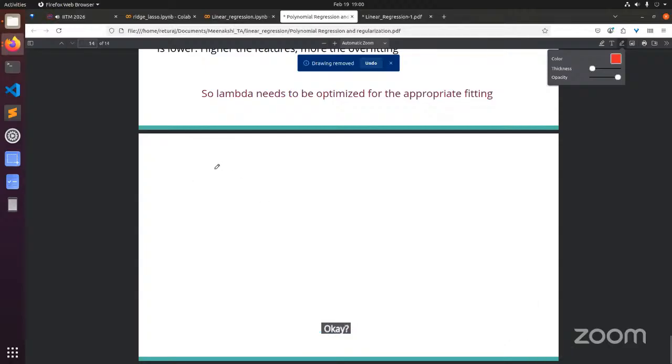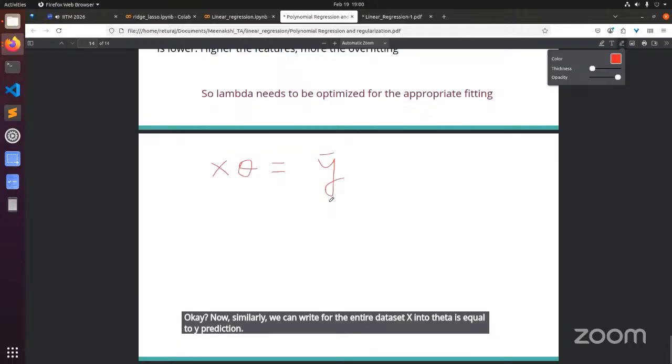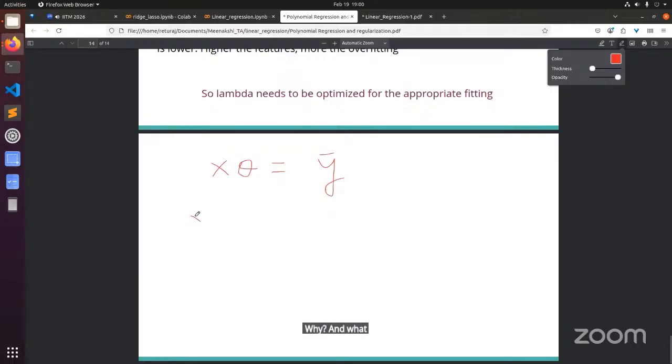Now, similarly, we can write for the entire data set: x into theta is equal to y prediction, y bar. And what is this x? X will look like this. Say there are some 100 such data points.